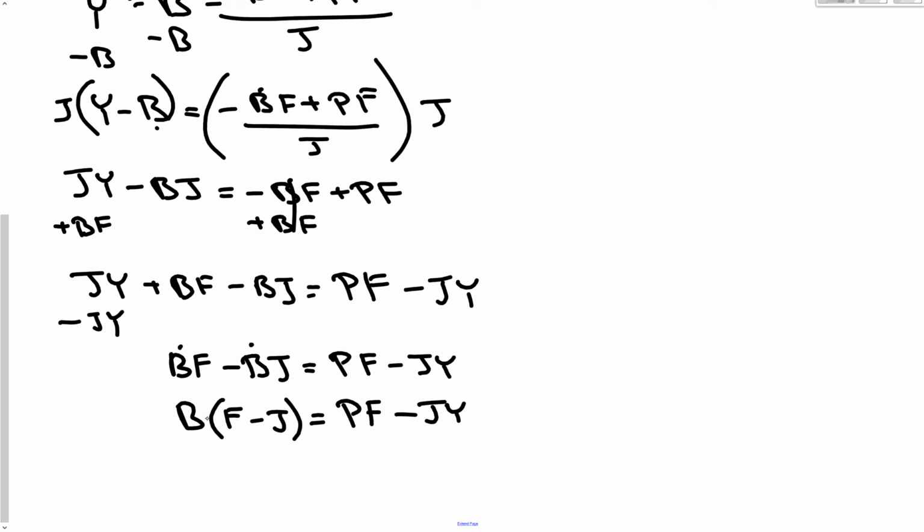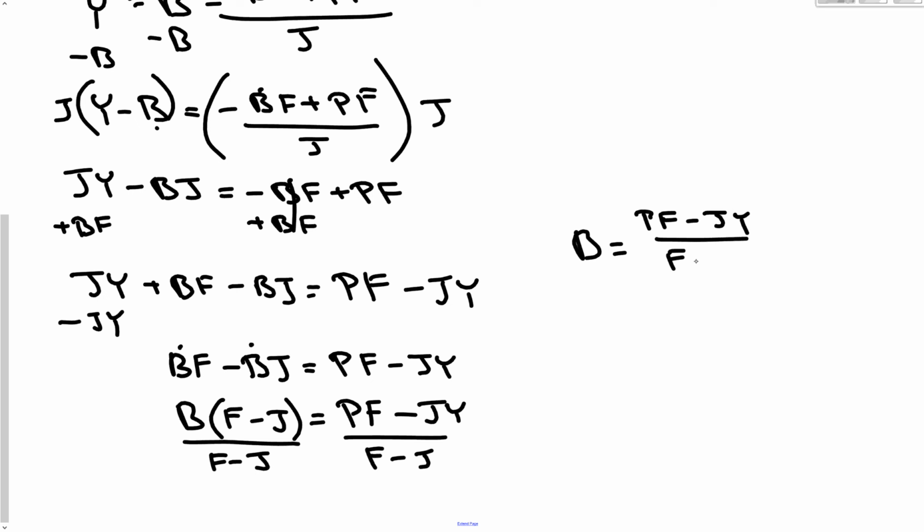And the last step, because this is multiplication, is I'm going to divide out the f minus j. Now this expression that's left over might not be pretty, but b equals pf minus jy over f minus j. Doesn't matter what it looks like, we accomplished our objective. I have isolated the b. I have b by itself.